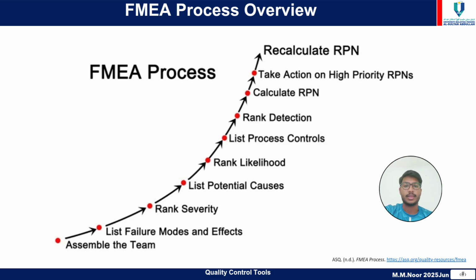Then you assign the SOD ratings, severity, occurrence, and detection, and you score each failure mode. Then you calculate the RPN using the equation S times O times D to quantify the risks. After that, you prioritize and take action according to the RPN which is highest, and finally you will review and update. And FMEA is a living document that goes through constant updates.